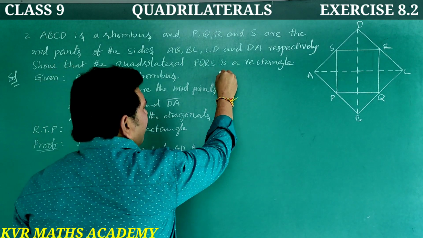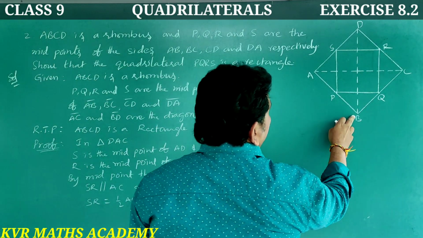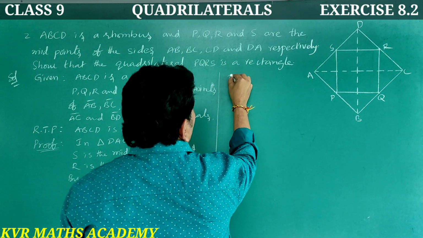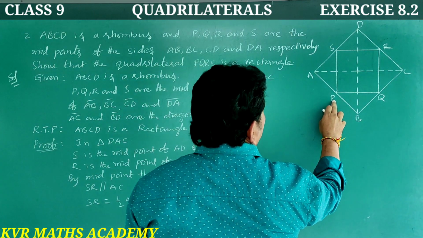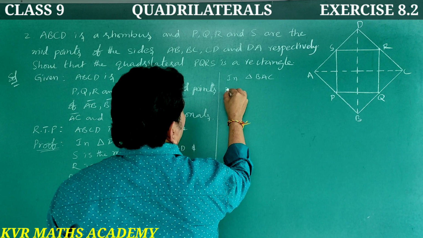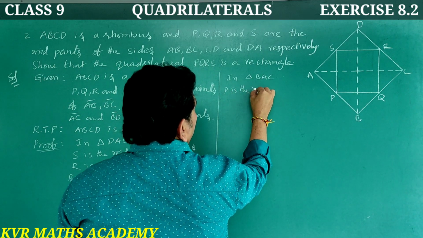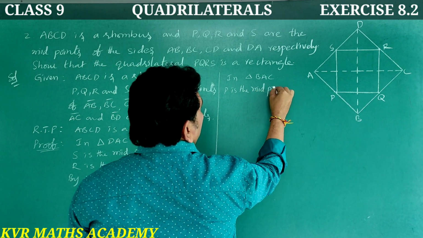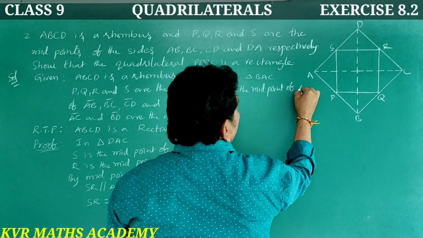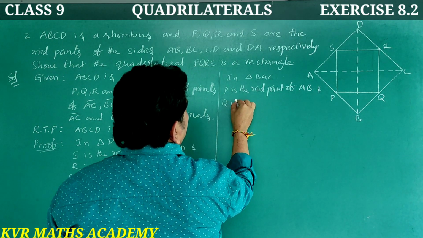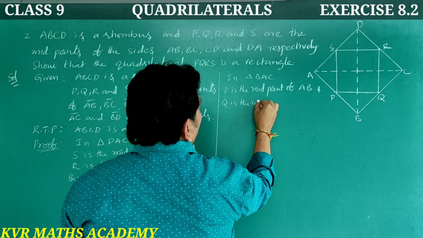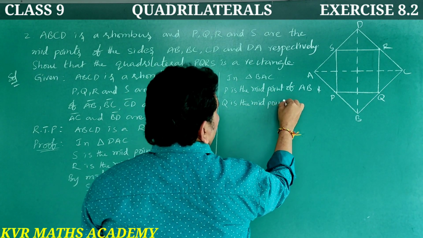Right, in the same way, consider the triangle BAC. In triangle BAC, right, P is the midpoint of AB and Q is the midpoint of BC.